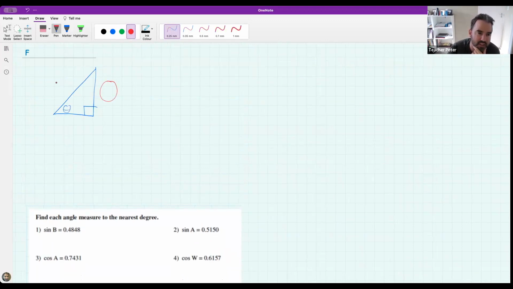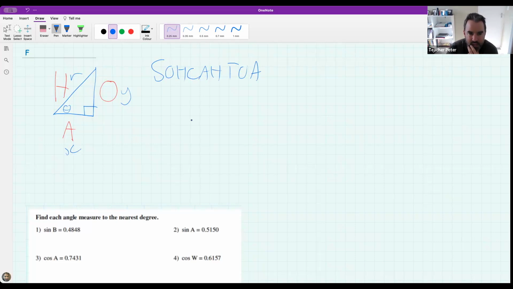We used either O, H, and A, or we used Y, X, and R. And we defined these ratios: sine, cos, and tan. Using this, we would find the sides of triangles, or we would find the angles in triangles. So that's a very brief summary of the last lesson.